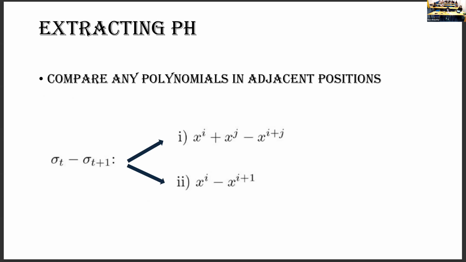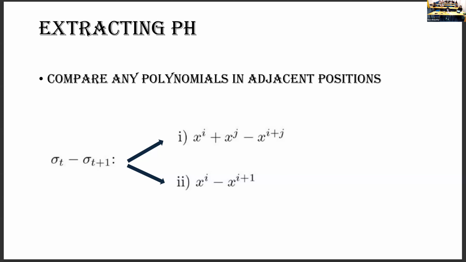We know that at every two time instances, a single change is occurring, and that single change is an edge addition. So if we subtract the polynomials in adjacent positions, we have one of two cases, instance 1 or instance 2. Instance 1, x to the i plus x to the j minus x to the i plus j, essentially means that two distinct connected components, one which had i loops and the other which had j loops, are now joined, and there's a new connected component with i plus j loops.